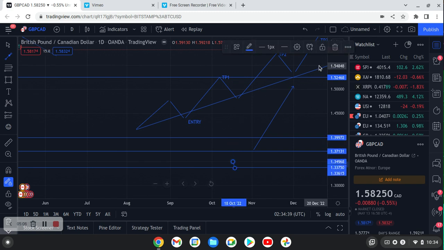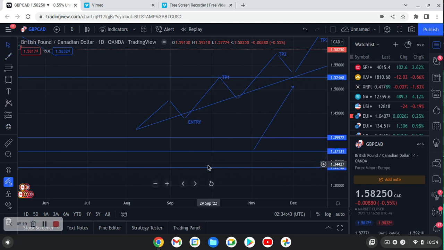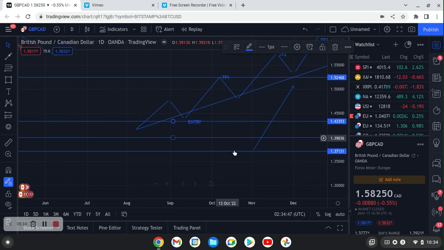You can now move your stop loss up to your first entry, and if this comes back to your first entry, you still have these two trades running that are now in profit still.